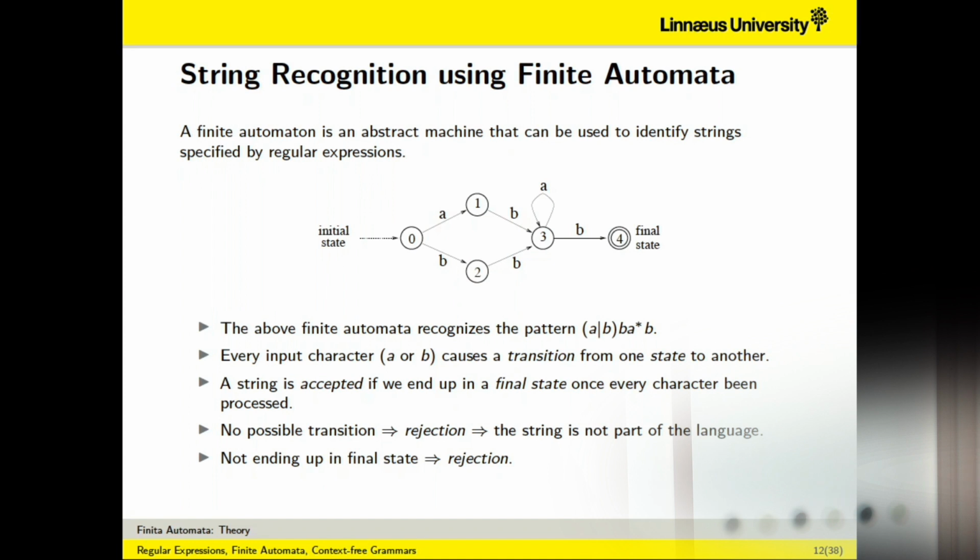It should start with the letter A or B. From the initial state 0, we can start with either A, we have a path for the A, and we also have a path for the B. And after A or B, the next symbol must be B. And after the B, we can have A many number of times, so we have a loop on that state.